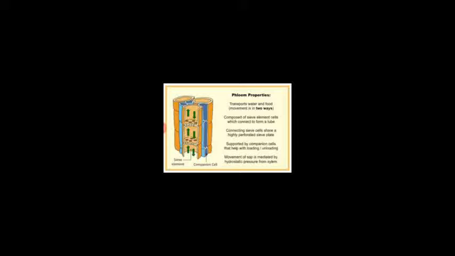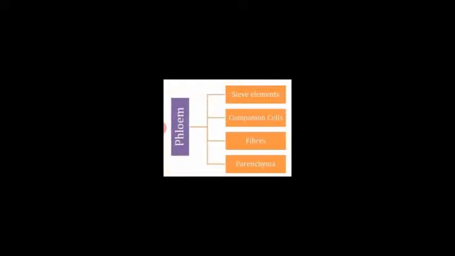Now we will see the four elements of phloem: sieve tube or sieve element, companion cells, fiber and parenchyma. We will see all these four one by one.